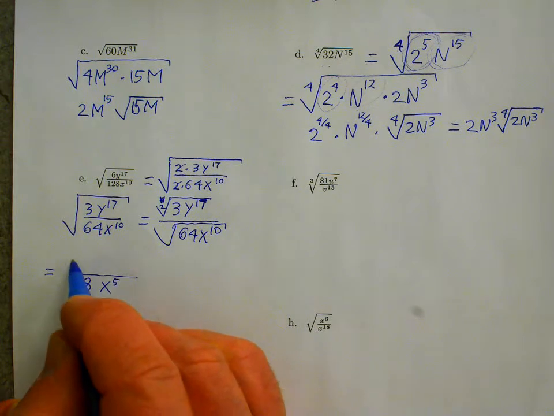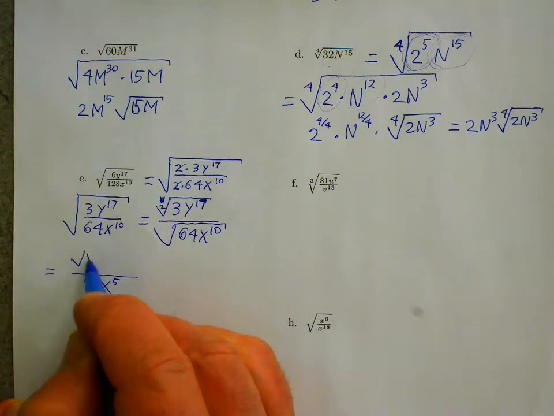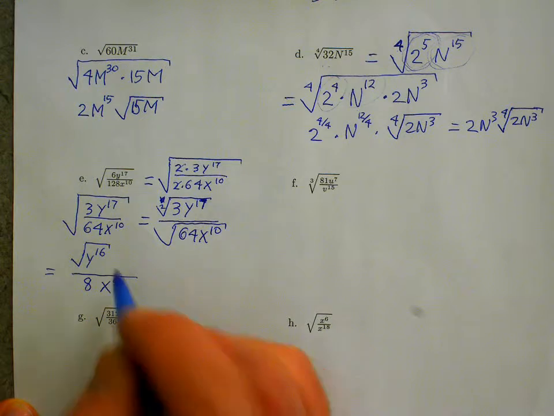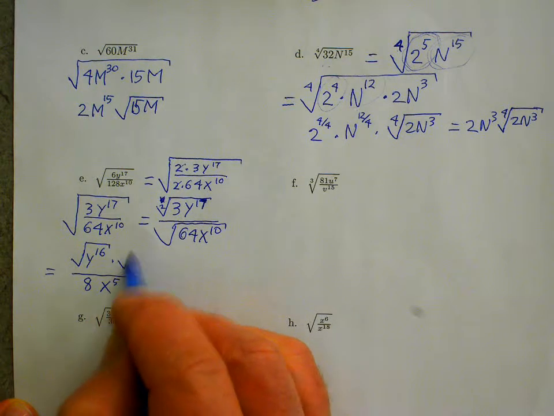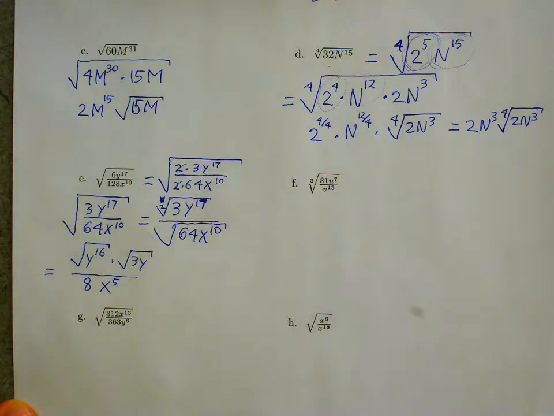So we can rewrite this as the square root of y to the 16th times the square root of 3y. And what does the square root of y to the 16th simplify to?